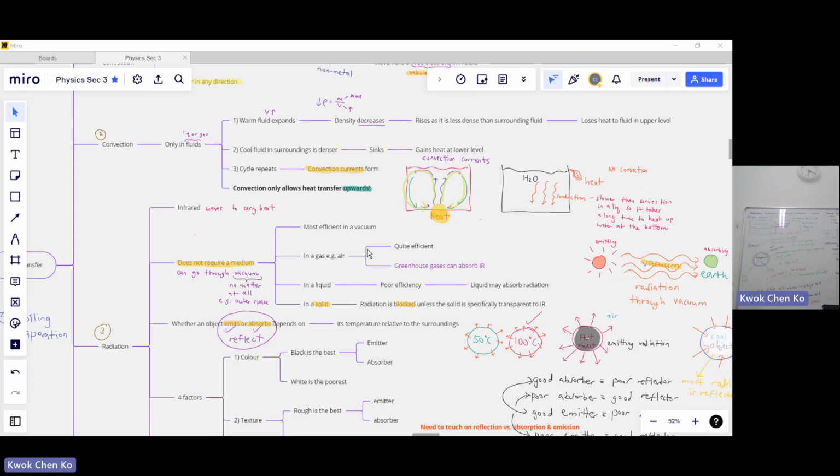The volume here is, let's call it V. The volume here, we call it V1, and it's under pressure P1. The volume here is V2, under pressure P2.